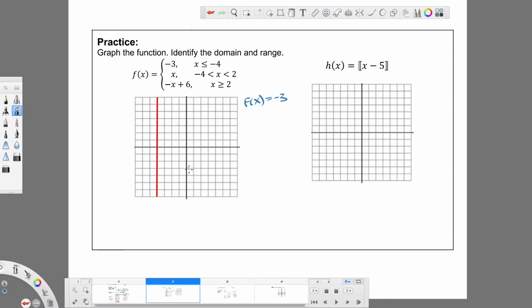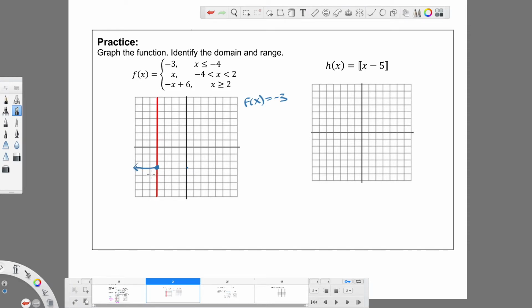So I would actually have a horizontal line going across like this, back and forth, because y equals -3. But remember, it needs to be less than or equal to -4. So I wouldn't draw it all the way across. This is my starting point, and it needs to be less than or equal to that point. So I would go over.